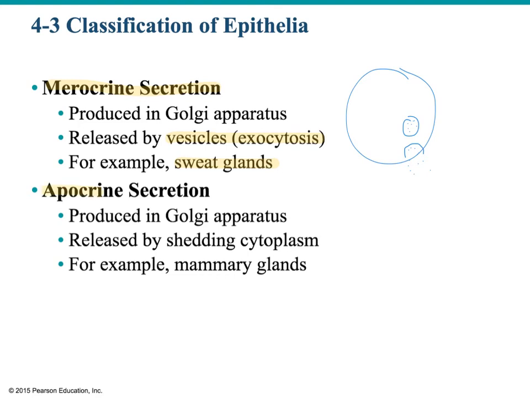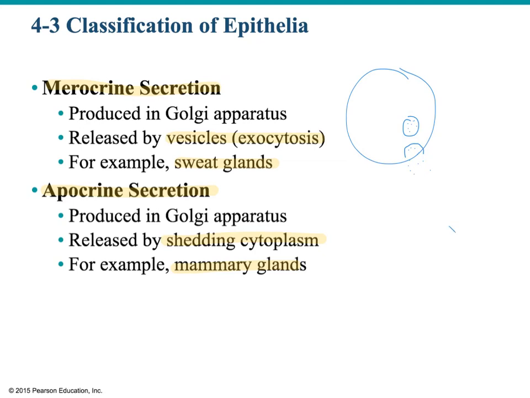With apocrine secretion, you're actually going to shed the cytoplasm. So the cytoplasm is the secretion. For example, with mammary glands, the milk produced actually is cytoplasm from the cell. You need to watch me draw.